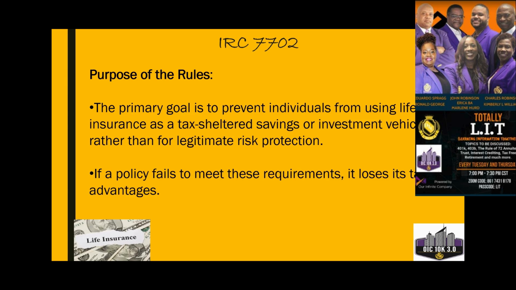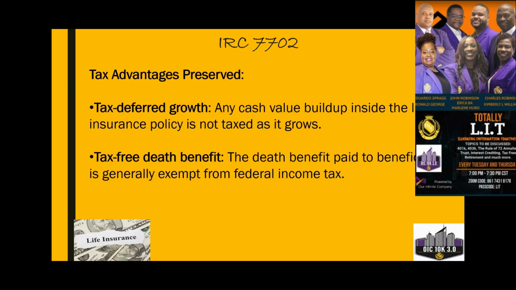And so if the policy fails to meet these requirements, it loses its tax advantages. The tax advantages include tax deferred growth. Any cash value buildup inside the life insurance policy is not taxed as it grows. That may sound familiar from other financial saving programs like the 401k, the 403b, the 457, or even just an IRA that allows that tax deferred growth.